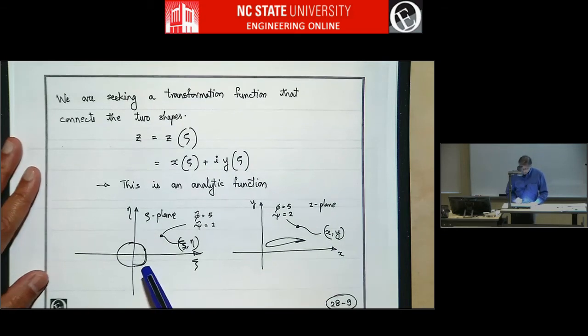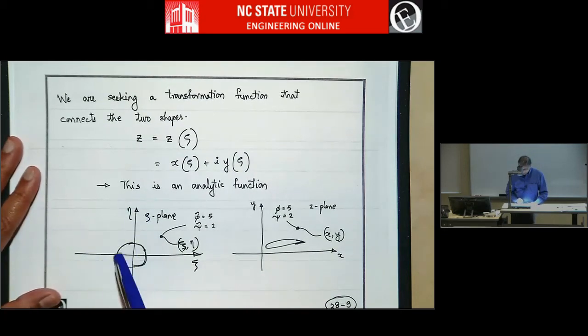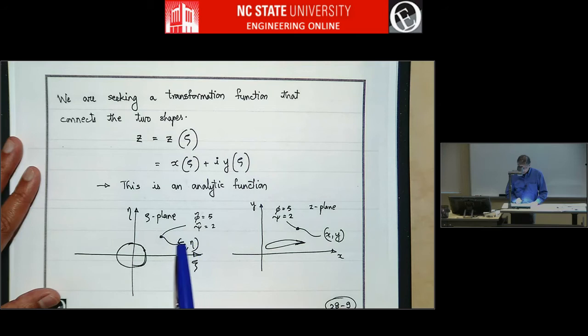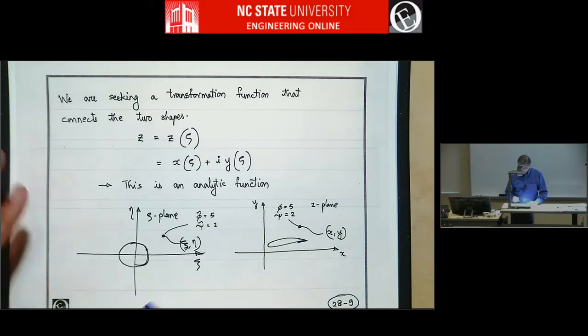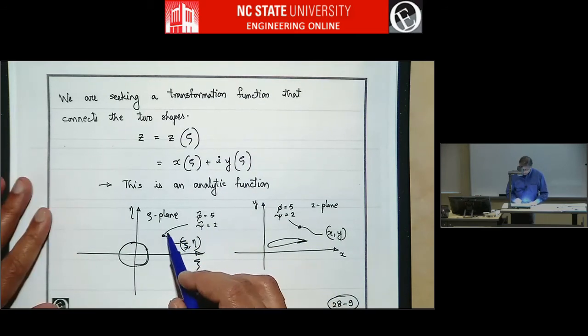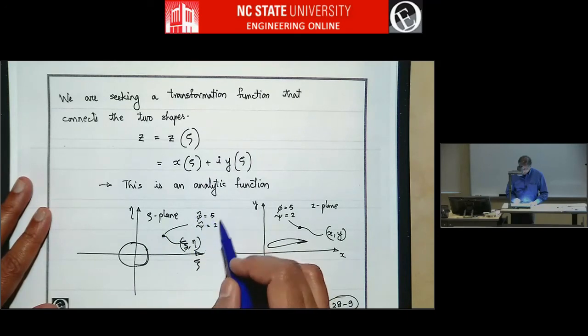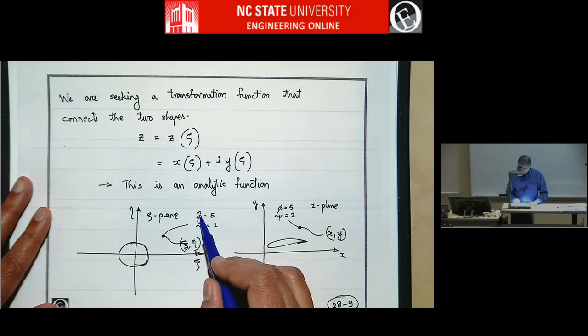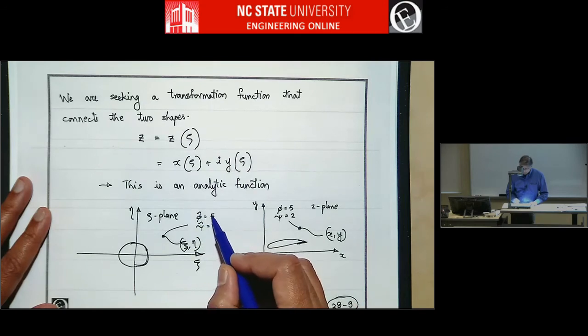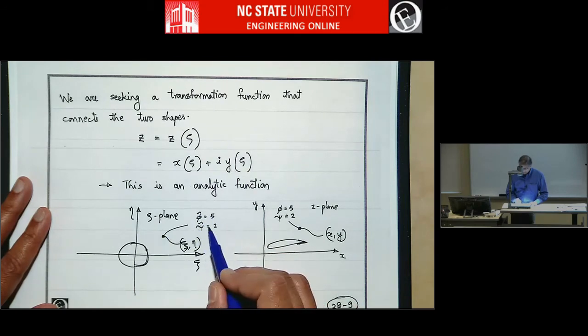Okay, that means in the zeta plane we have a circle, and let's say you have some point which is xi plus i eta, right? That's this. And let's say the velocity potential and stream function are given by these numbers. So phi, the velocity potential, is 5 and stream function here is 2.